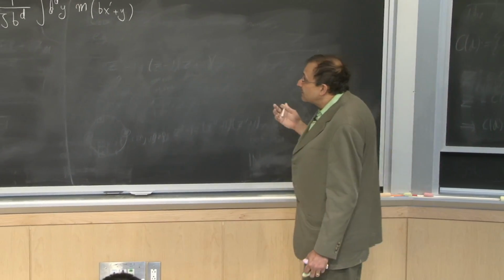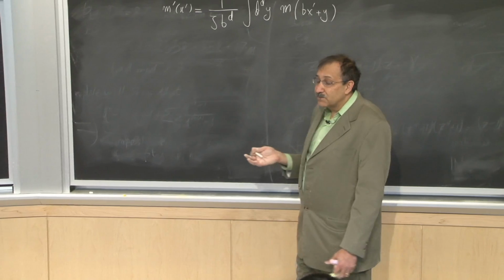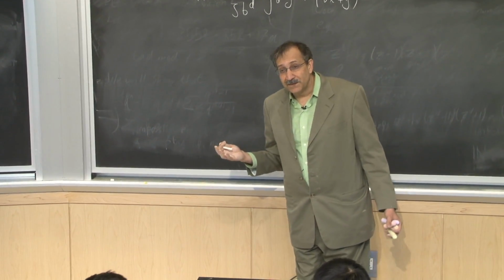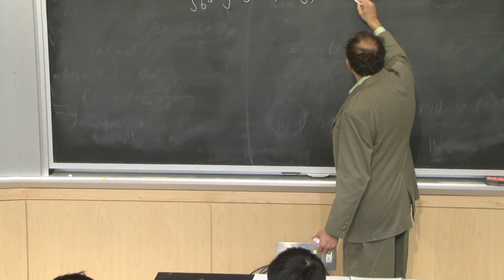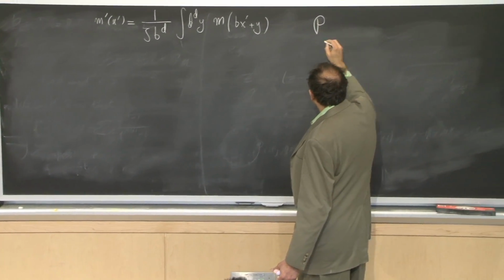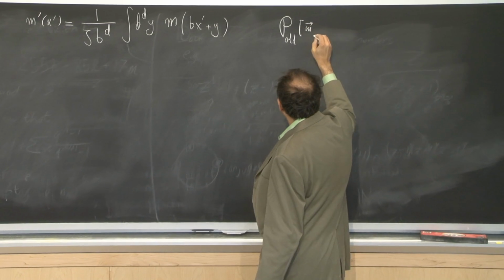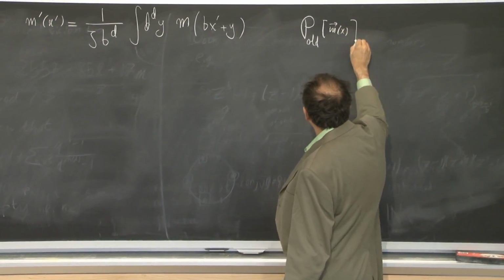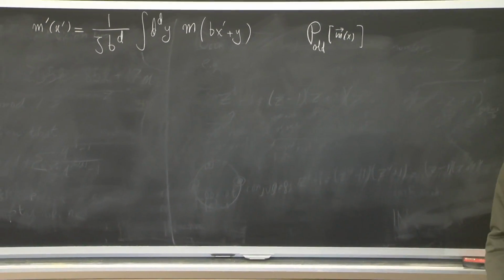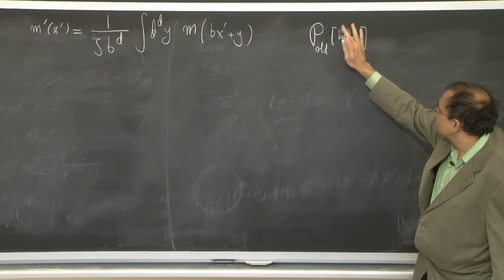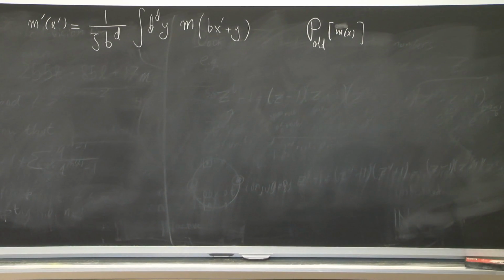And associated with this transformation is a change of probability, because there was some probability, let's call it P old, that was describing my original configurations M of x. Let's forget the vector notation for the time being.